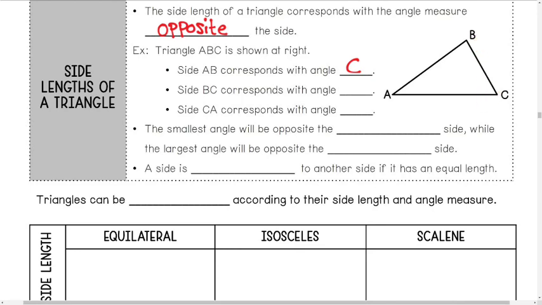So if we take that information and say, okay, there's only one angle opposite this side, because it's touching this line segment here and that line segment there. I could do the same thing on the other sides.